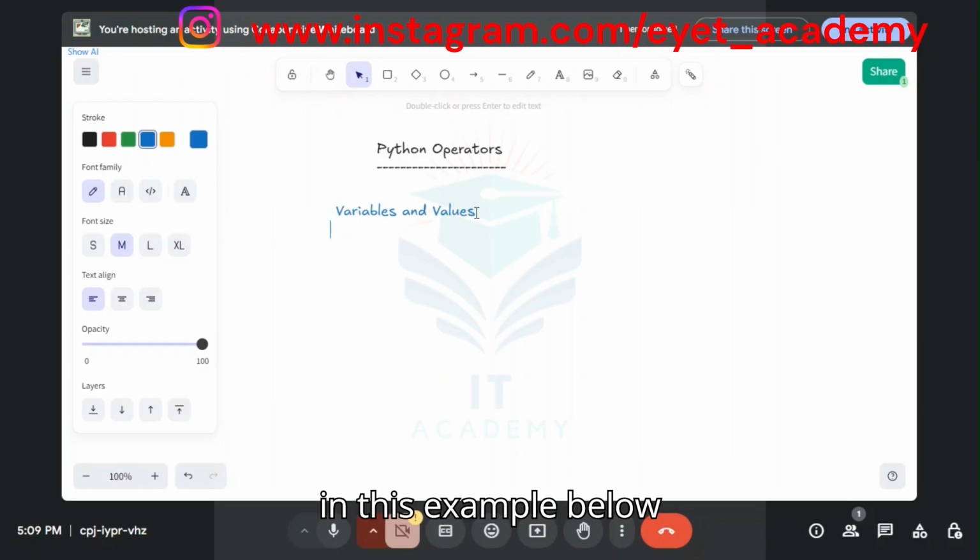So in this example below, we use the plus operator to add together two values.